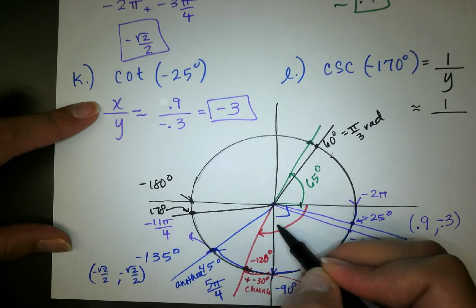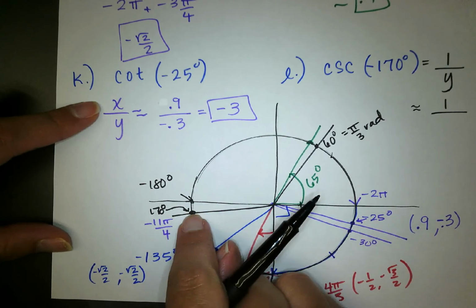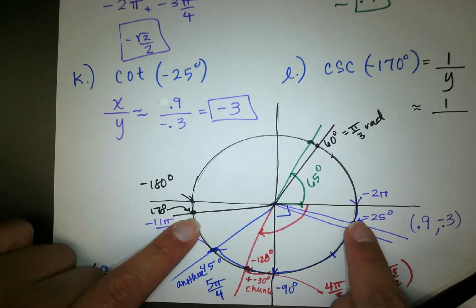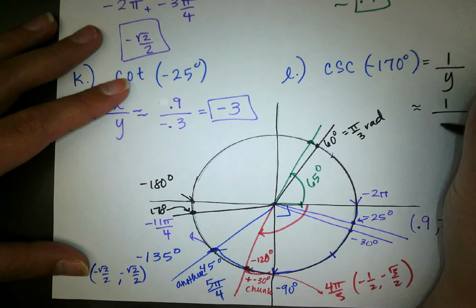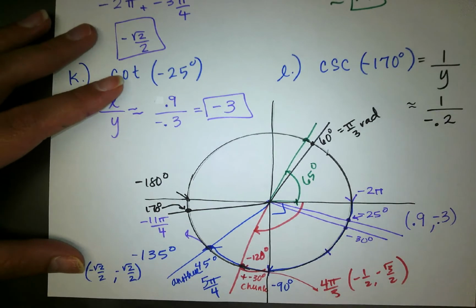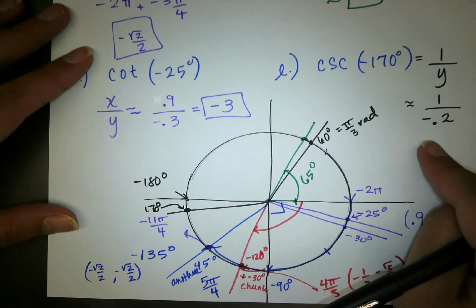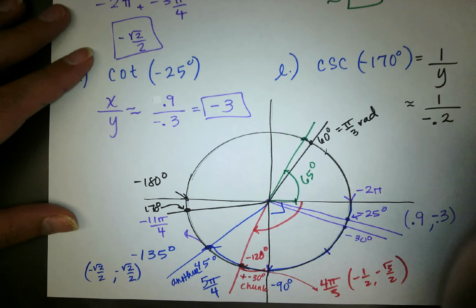The y value, go a little bit down. So if that was 0.3, that's going to be about 0.2. We didn't go as far down on the y-axis. So about negative 0.2. And no, you cannot leave your answer as 1 over negative 0.2. You're going to have to clean that up. You can multiply the top by 10 and the bottom by 10.